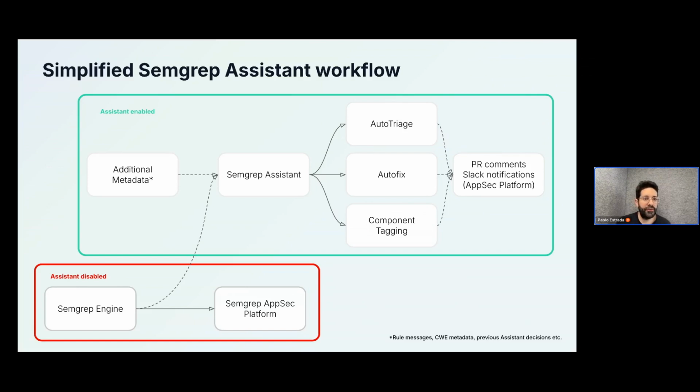Maybe in the developer workflow, maybe in an integration like a Slack notification, in the Semgrep dashboard itself. It could be in Jira tickets, etc. So it goes a little bit beyond the AI aspect itself and more back into the Semgrep AppSec platform and the different ways that it can engage with stakeholders, basically.